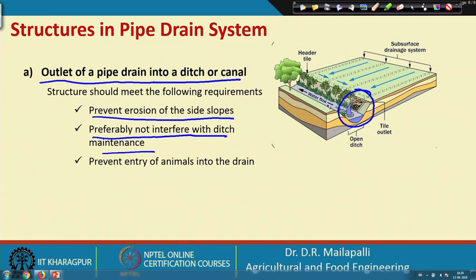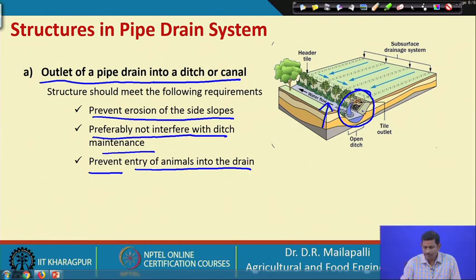So, this is the ditch. It should not interfere with the ditch maintenance, and it prevents entry of animals into the drain. These are the main functions before constructing the outlet of the pipe.